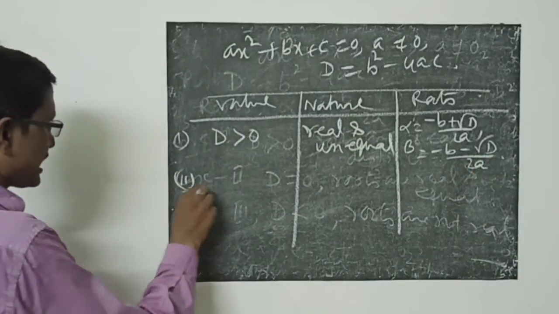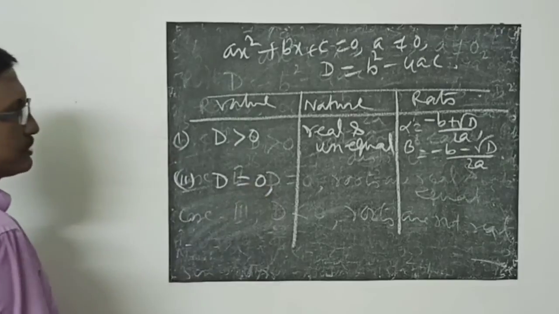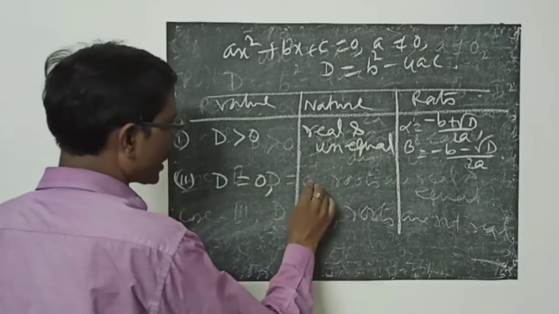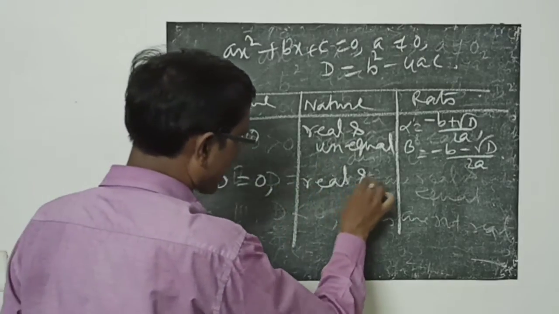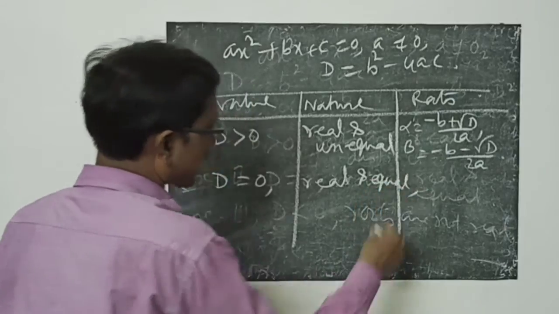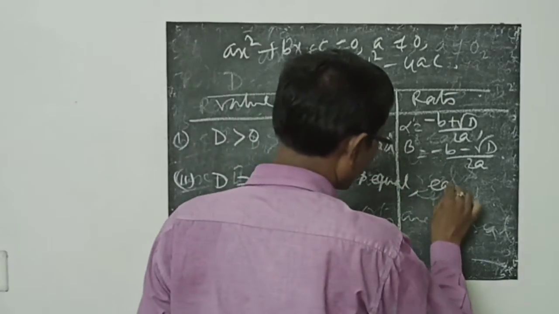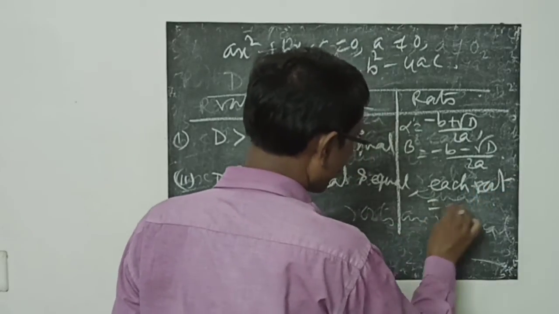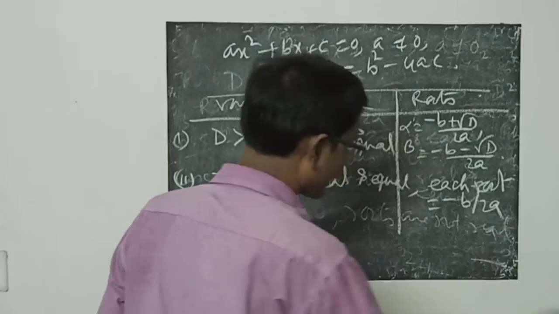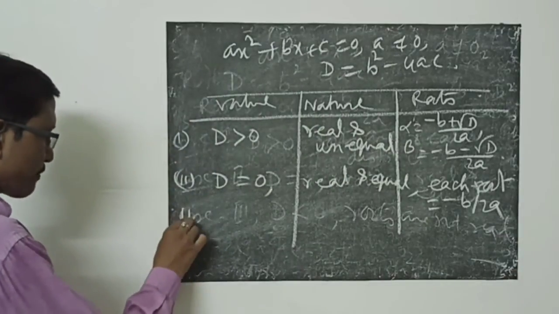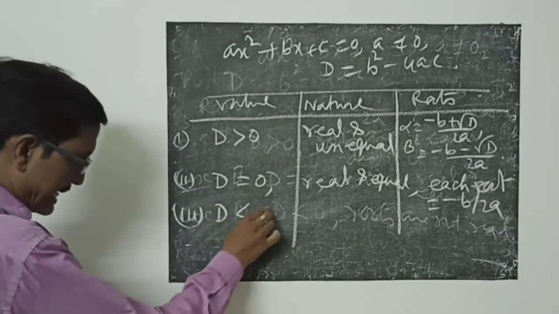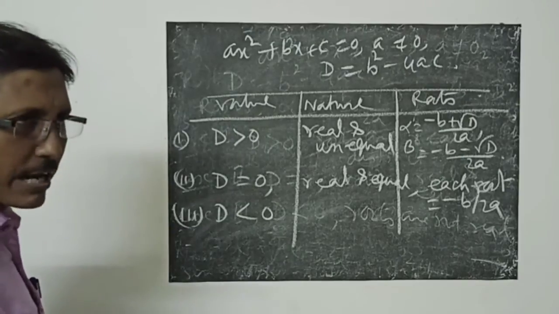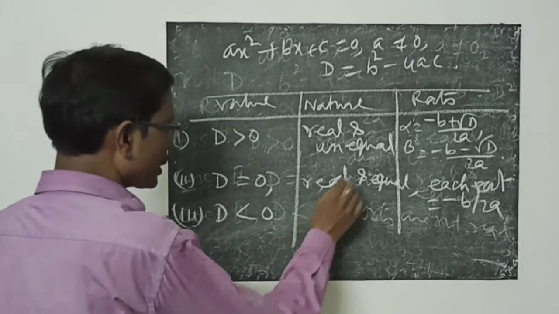Second case, if D equals 0, then the roots will be real and equal, and each root will be equal to minus b by 2a. And third case, if D is less than 0, a negative value, then the roots will be what?